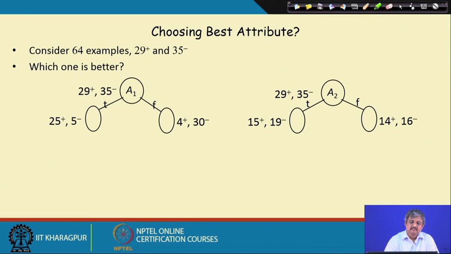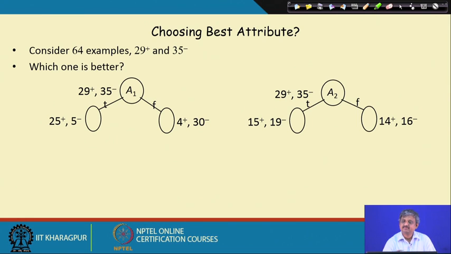Suppose using A1, a binary valued attribute which takes on a value true or false, I see how many examples have A1 equal to true. Let us say 30 examples have A1 equal to true, and the remaining 34 have A1 equal to false. Out of these 30 examples, 25 are plus, 5 are minus, yes and no, and here 4 are plus, 30 are minus.